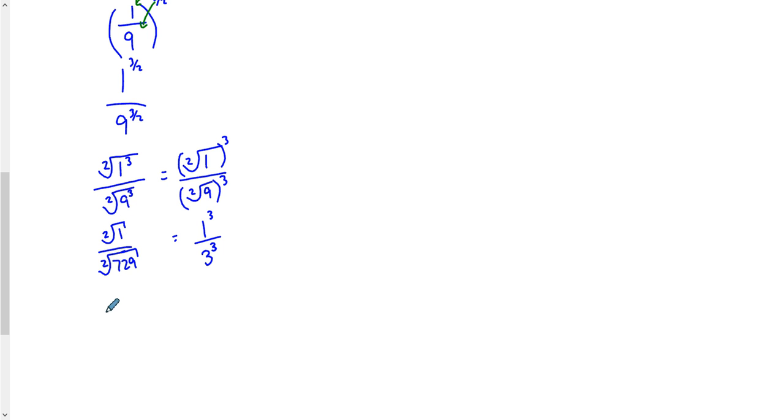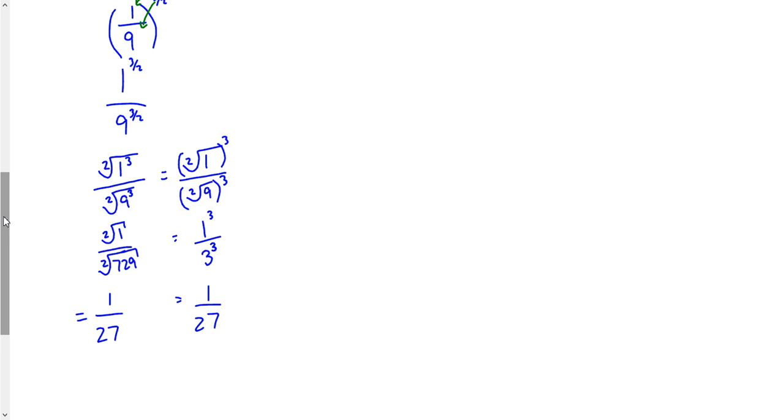On this side, I deal square root of 1. Well, the answer is going to be 1. Square root of 729, just double check, it should be 27. It is. Or on this side, 1 cubed is 1, 3 cubed is 27. Answer comes out the same, doing it either way.